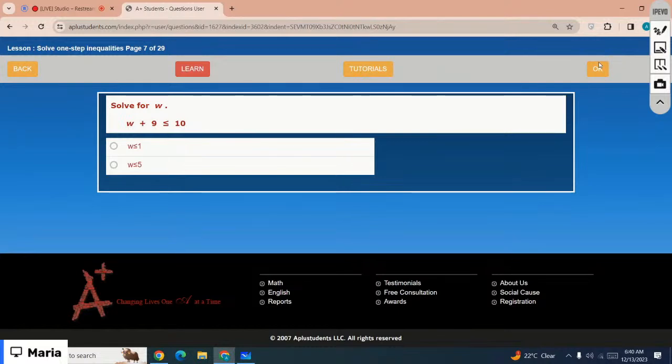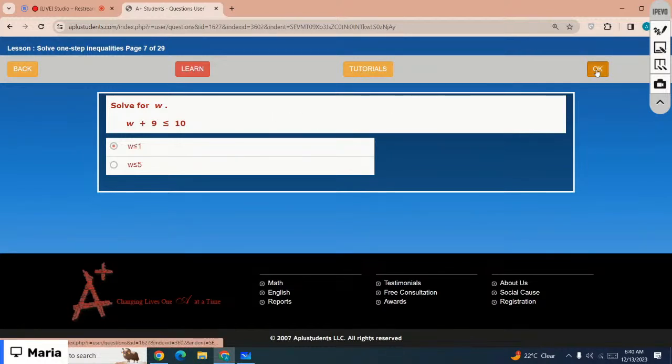Solve for w, which is the correct option? The correct option is w is less than or equal to 1.